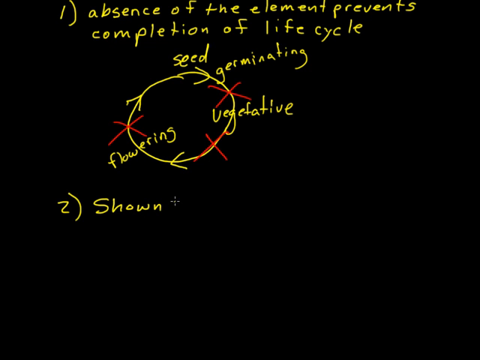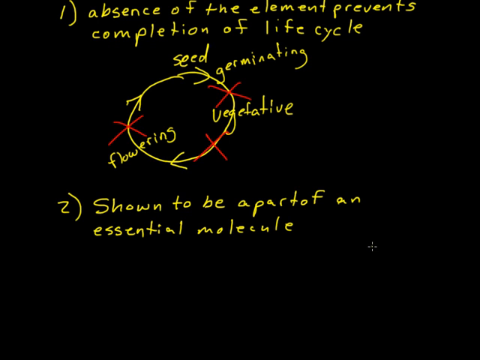And our more modern technology these days makes this a little bit easier to do than the old-fashioned way of proving that it prevents a life cycle from being completed, which is to do some chemical analysis on a part of an essential molecule such as chlorophyll, or let's say sugar, or cellulose, which is what cell walls are made of. So you can do this with modern technology through chemical analysis of various components of plants to show that an element may be essential.